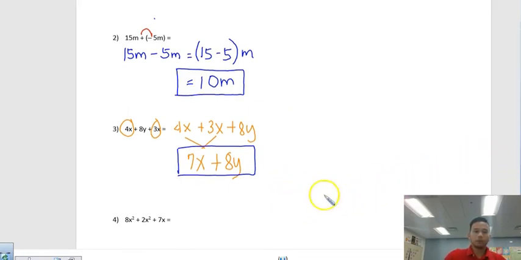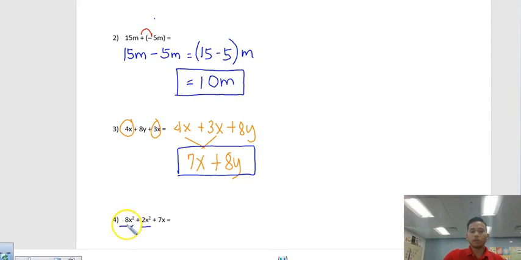Next problem, we have 8x squared plus 2x squared plus 7x. The like terms here are 8x squared and 2x squared. So you add the coefficient because it's addition here.